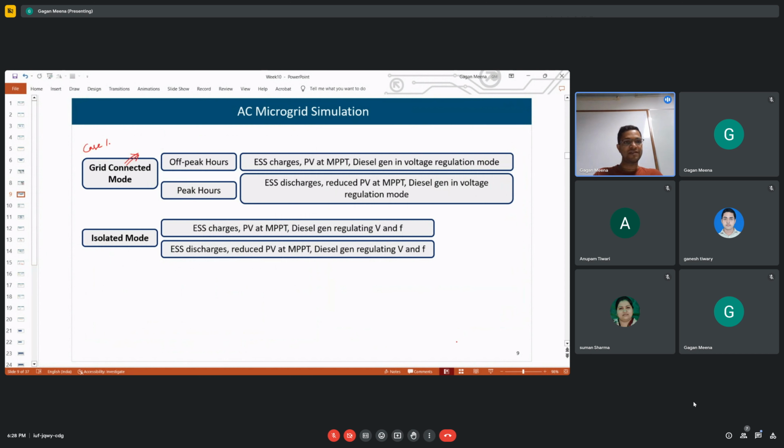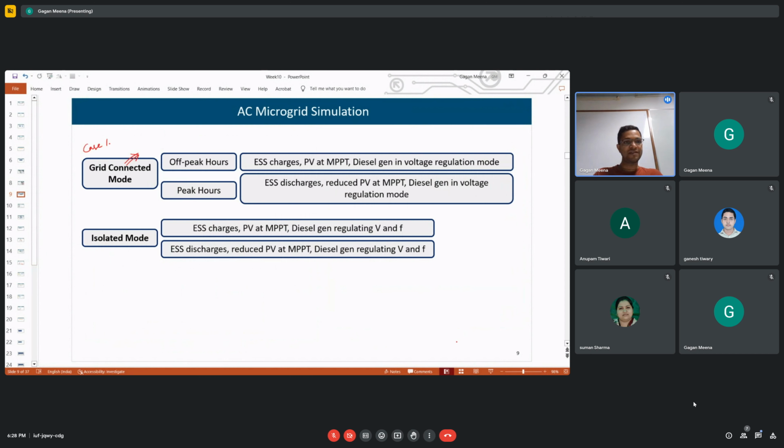So all the industrial and commercial consumers have to have a power factor correction, because so many loads are there which draw this harmonic current. So they need to install a capacitor bank which will provide that reactive power, so that the overall power drawn from the distribution grid is at close to unity power factor.